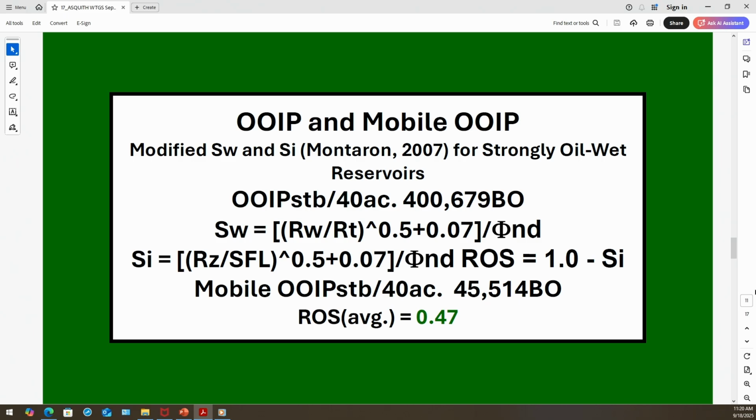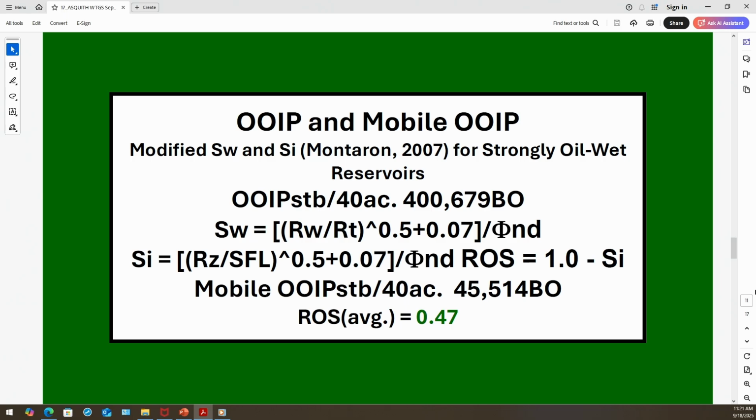So the OOIP at 400,679 barrels of oil, that's using the Monneron equation. Then we can also calculate the water saturation of the invaded zone in the second equation down, or SI, because it's really not SXO.